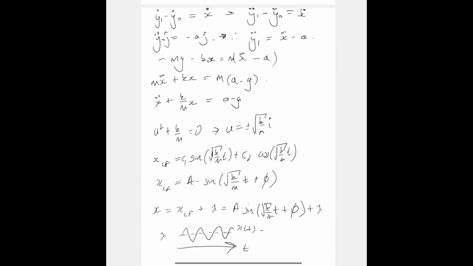We could have a case, if the initial conditions are just right, and if a equals 0, x is gamma, so it's this constant, it doesn't vary over time.